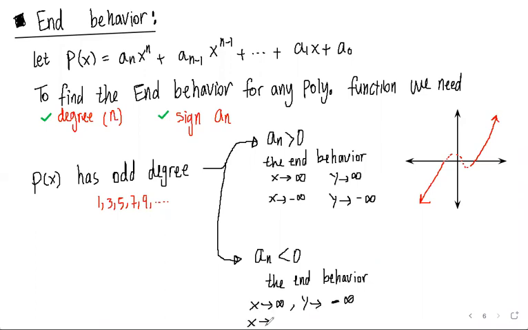When x goes to negative infinity, y goes to infinity. And here's the graph for this.